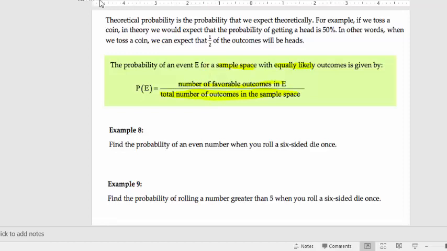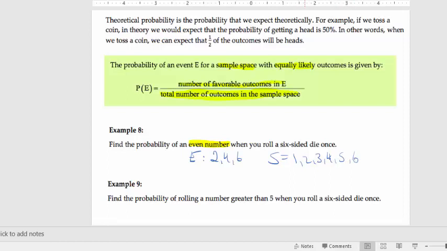All right. What's the probability of rolling an even number when you roll a six-sided die? So this is one that I had referenced actually before. So an even number in this case is going to be your event E. So E is going to have which outcomes in it, right? It's going to have all the even number outcomes in it, which are 2, 4, and 6. And the sample space, which I'll call S in this case, from rolling a six-sided die, remember we had said was 1, 2, 3, 4, 5, 6.